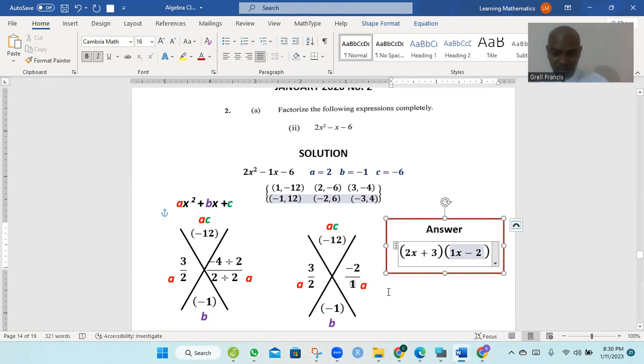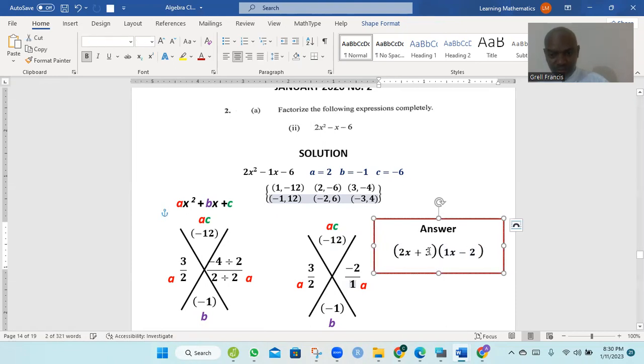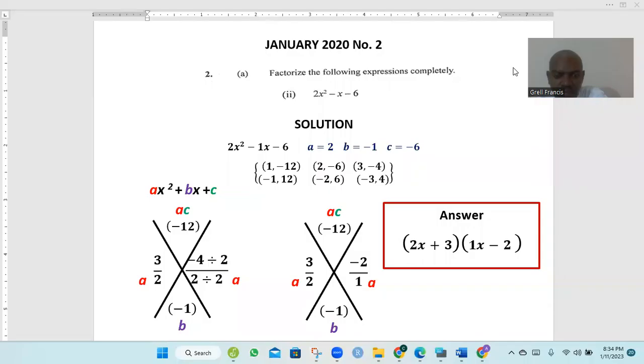And this is our final answer. Factorizing the quadratic using the magic square approach.